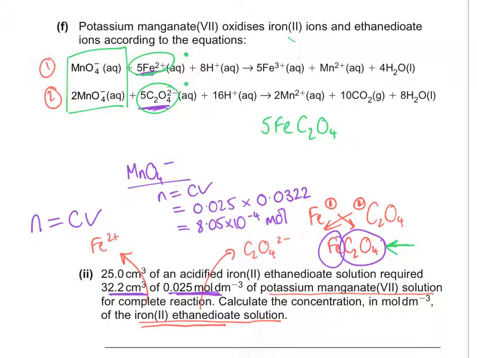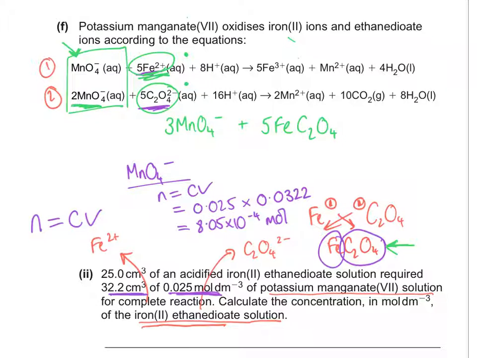But how many moles of manganate have we used in total? Well, we needed 1 mole to oxidise the iron, but then we needed 2 moles of manganate to oxidise the 5 moles of ethanedioate. So in order to produce 5 moles of iron ethanedioate, I needed a total of 3 moles of manganate.